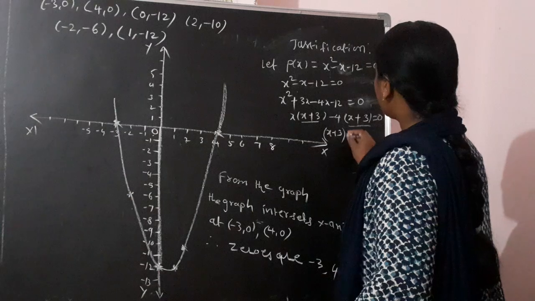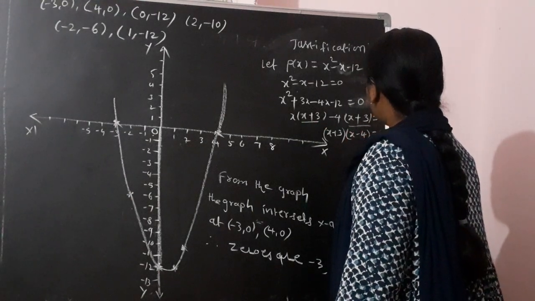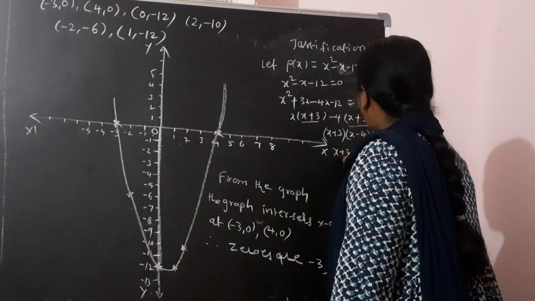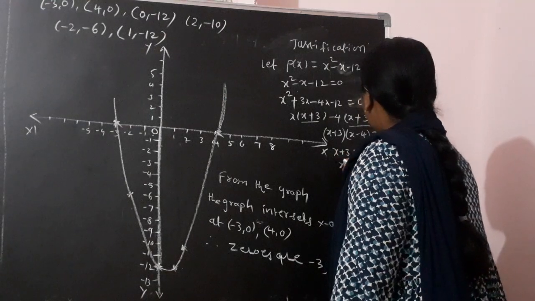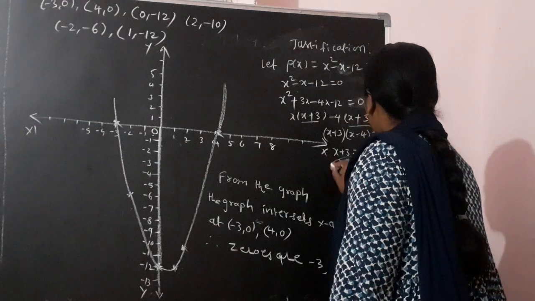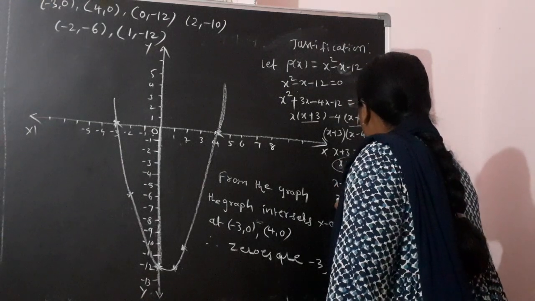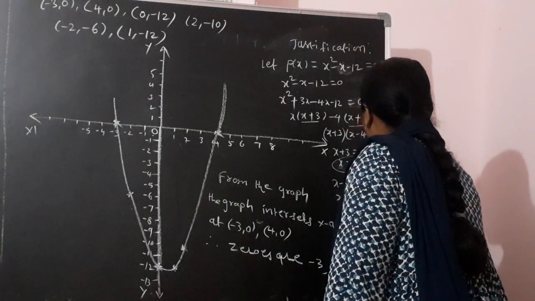Okay. So right now x minus 4 is equal to 0. So x plus 3 = 0, and x plus 3 = 0 means x equals minus 3. Okay. So next x minus 4 = 0, so x equals plus 4.